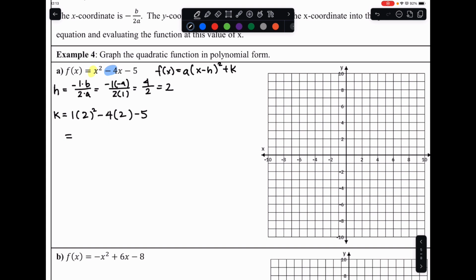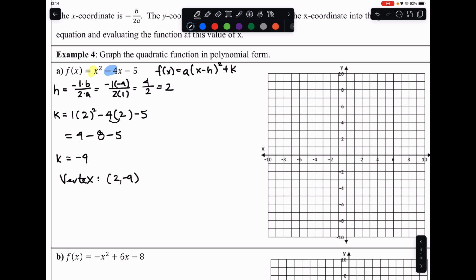Well, let's simplify. There's going to be 2 to the second power, which is 4 times 1, which is 4. This multiplies to give me 8 and minus 5. Well, yep, it ends up equaling a total of negative 9. So the vertex of our parabola is at 2 and negative 9.